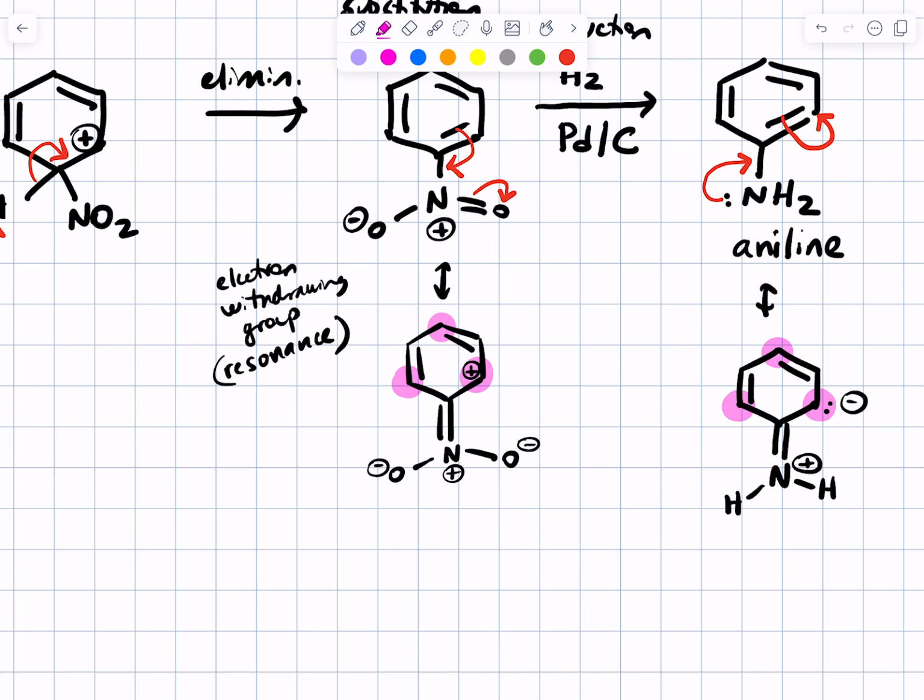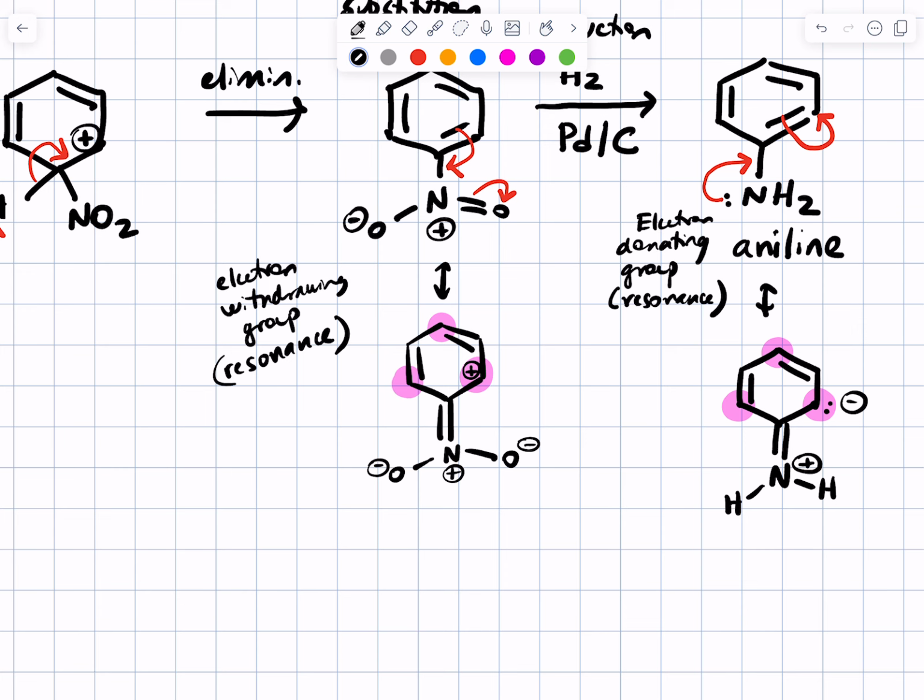And again, I won't draw these resonance structures now, but you should do that either sometime today or tomorrow to convince yourself that this negative charge can actually be delocalized in all of the spots I've highlighted in pink. Because of that, we're going to call the nitrogen an electron donating group, by which we mean that because of resonance, it is donating electron density to the benzene ring.